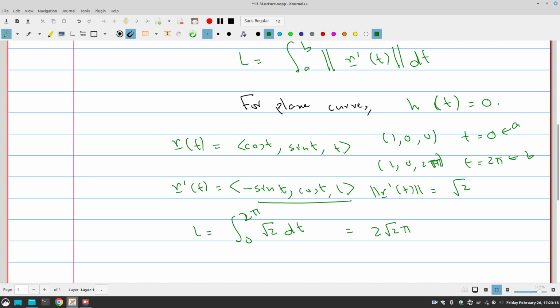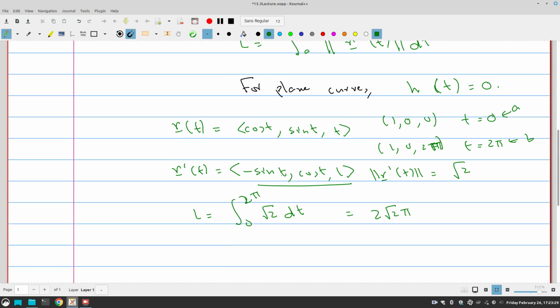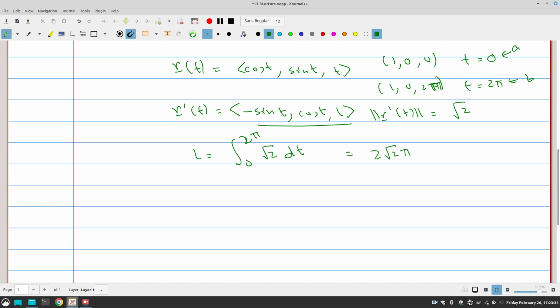Now, the same curve C can be parametrized in two different ways. So for example, r1(t) = <t, t squared, t cubed>.